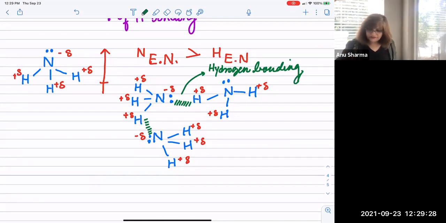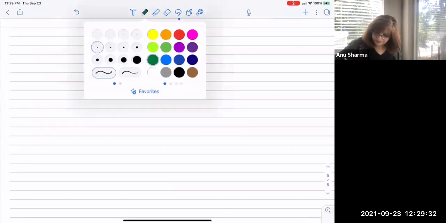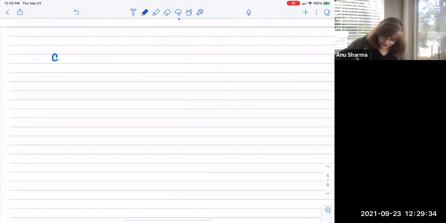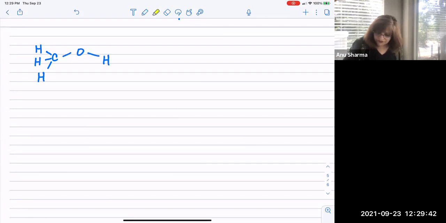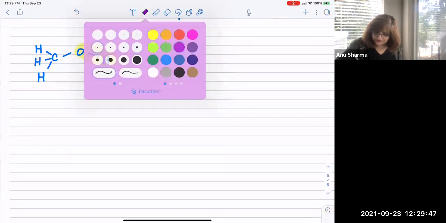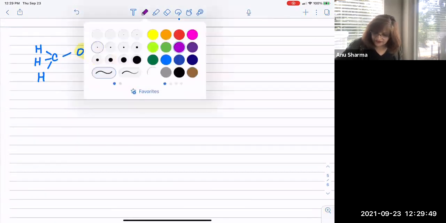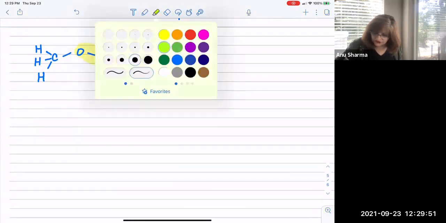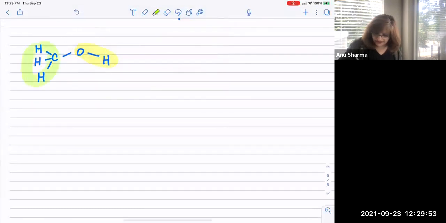Now look at this molecule, CH3OH. It has one side which is non-polar and one side which is polar.